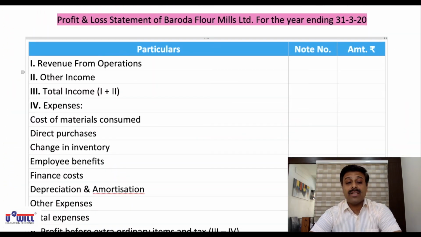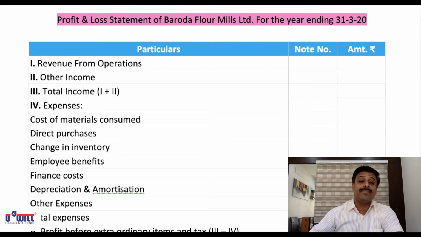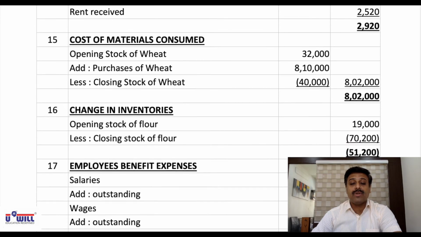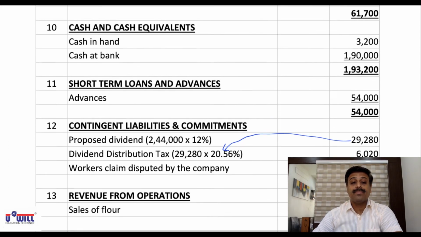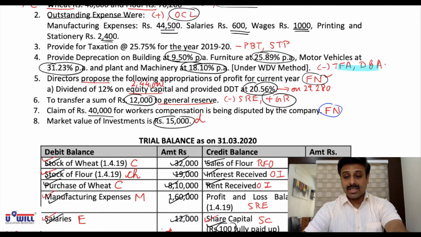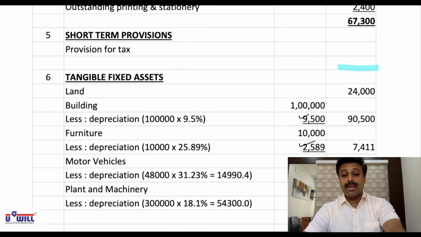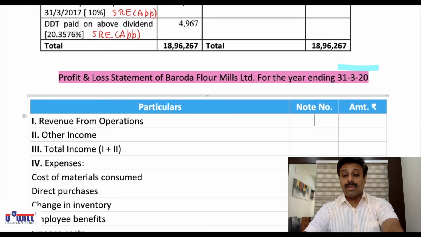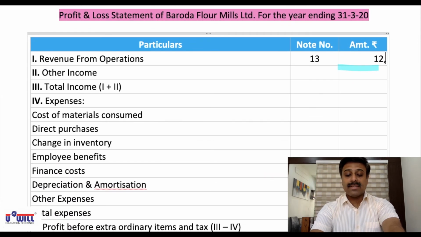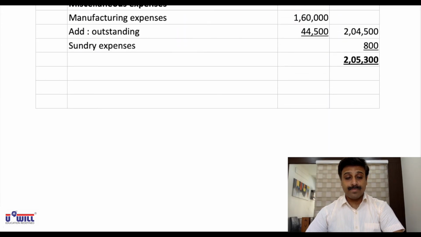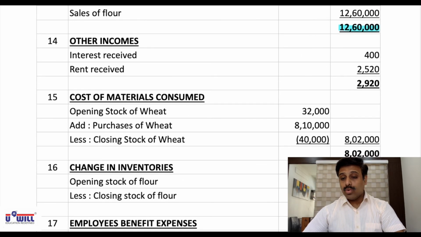You have already made the format, so we have to fill in the blanks. Very first, revenue from operations. Revenue from operations we obtain as 12,60,000, and the note number is 13. Then other incomes from note number 14, 2,920.